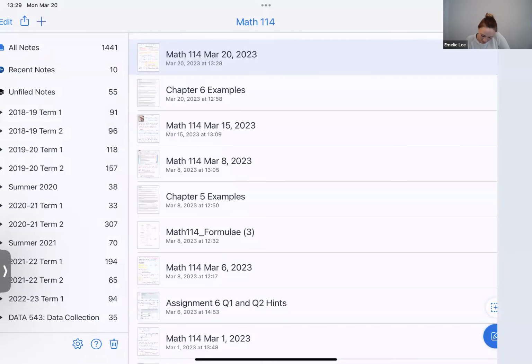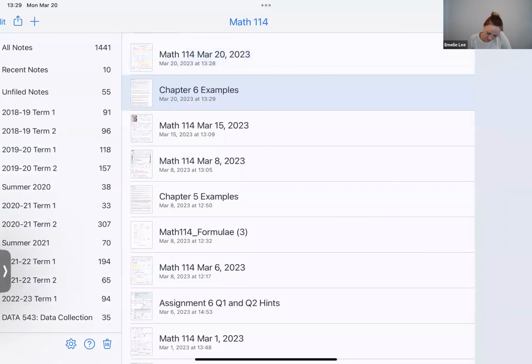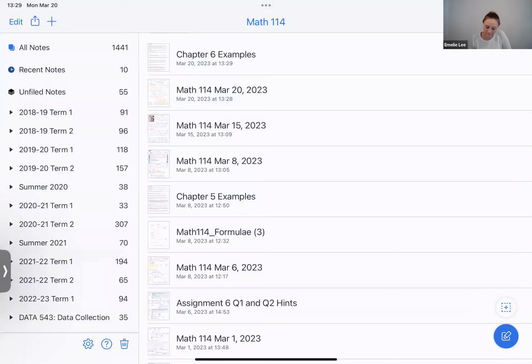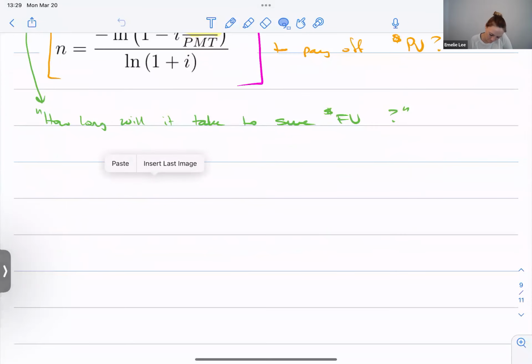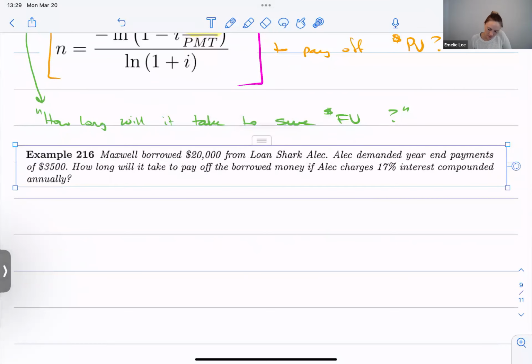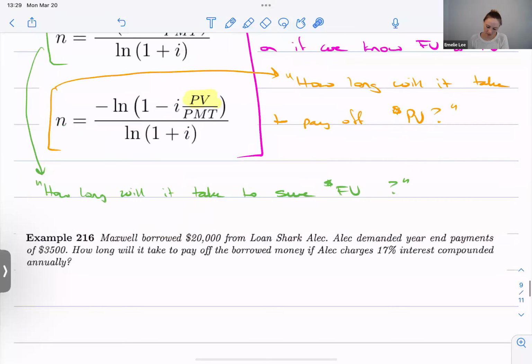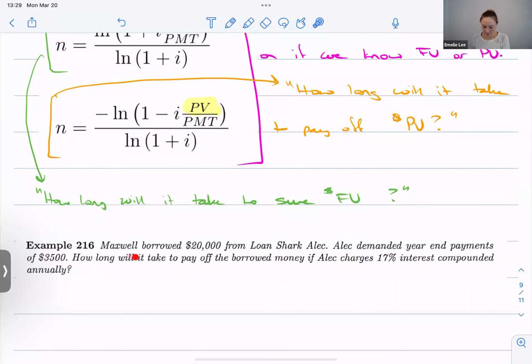So I've got example 216 that I want to do. So knowing this that we just outlined up top here, if Maxwell borrowed $20,000 from Loan Shark Alec, we know that this $20,000 right off the bat is a present value, right?